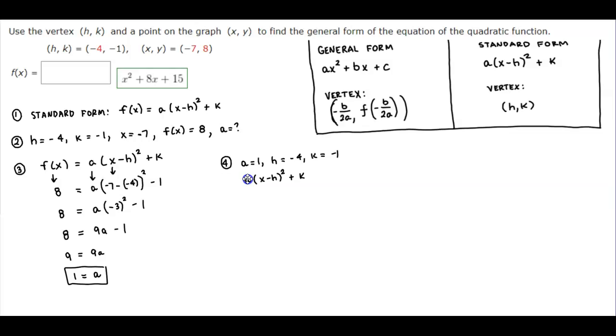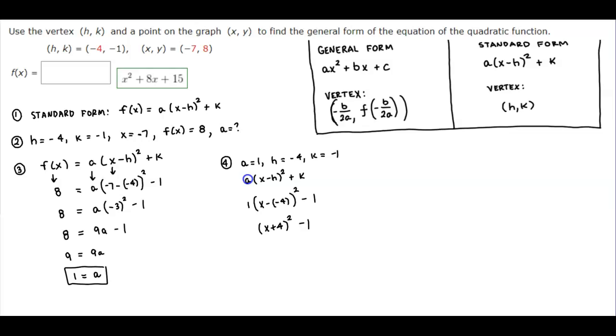We want to convert this into general form. The value of a is 1, and then we have x minus the value of h, which is -4, squared, and then minus 1. So here we end up with (x plus 4) squared minus 1.